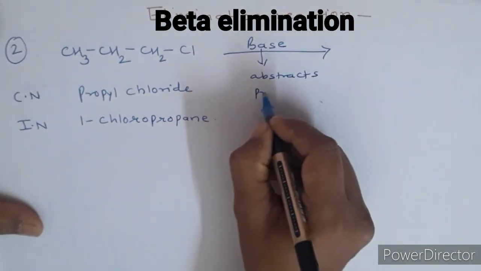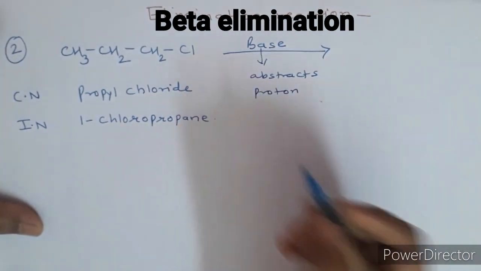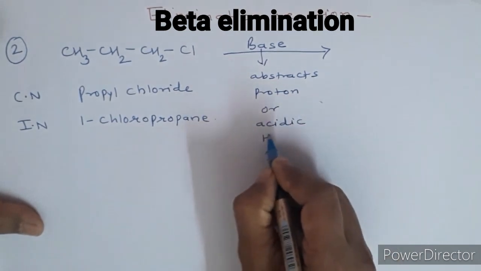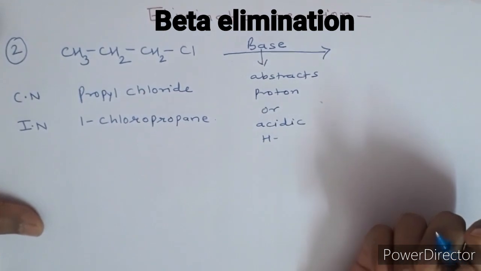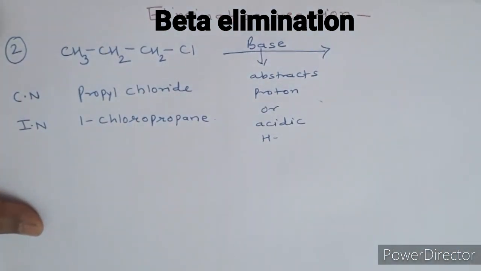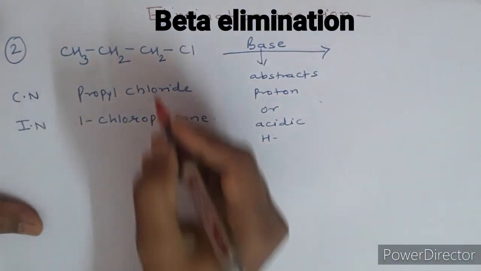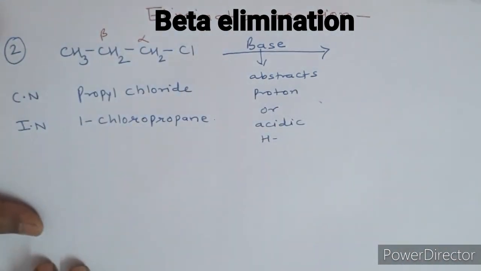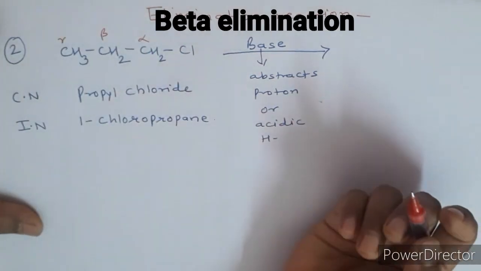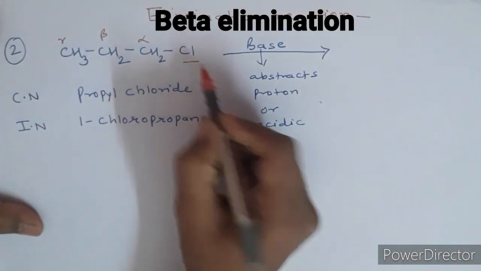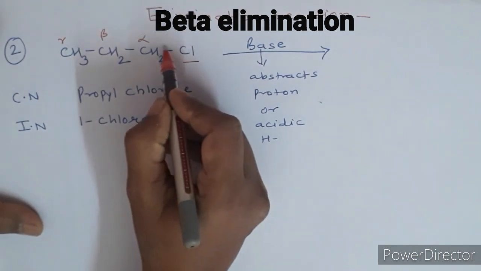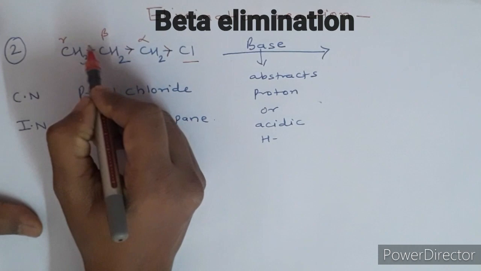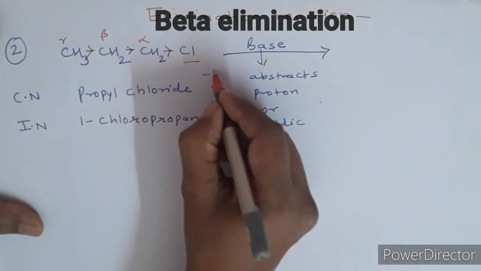The role of the base is going to be abstraction of proton or acidic hydrogen atom. And when we label these carbon atoms as alpha and beta and gamma, chlorine is attached to alpha carbon atom and it is pulling the electron density towards itself, and which on further, the carbons are pulling the electron density of other carbons.